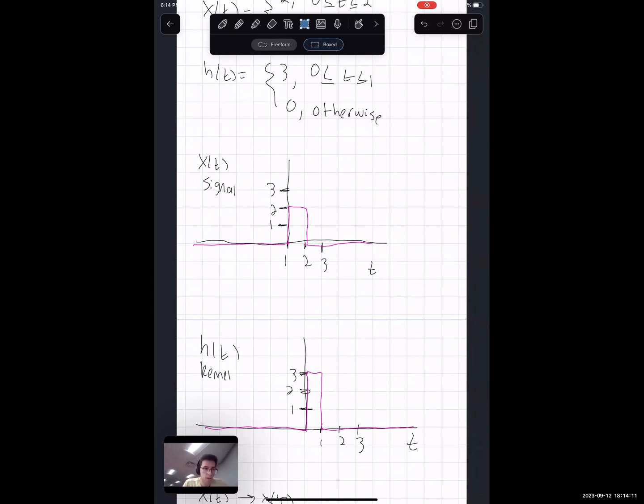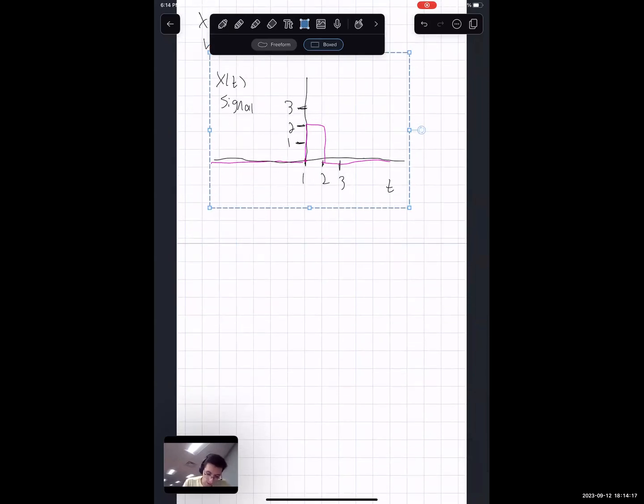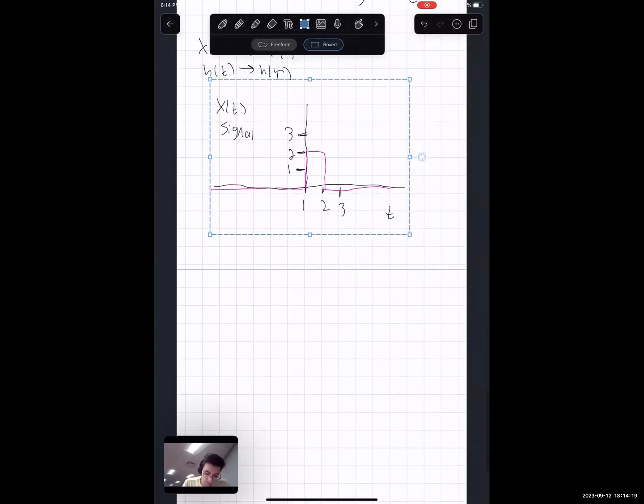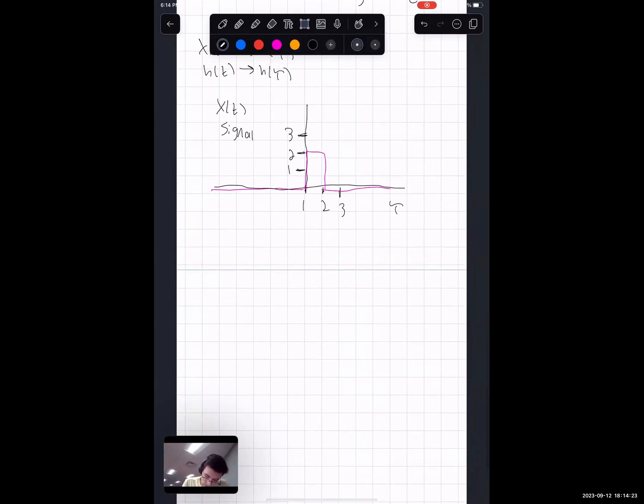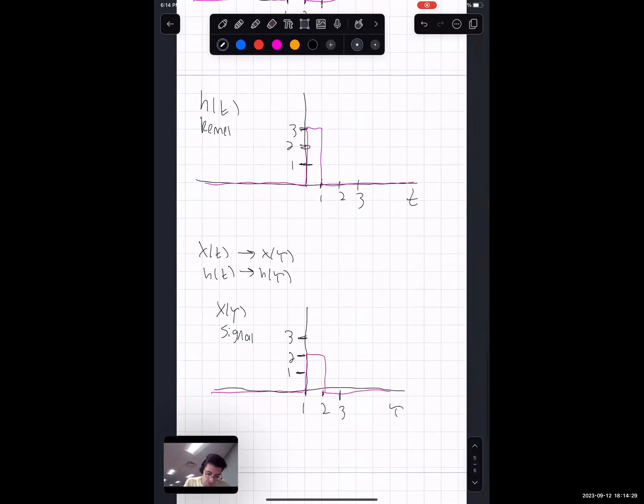So all we did was change the variable. It's like, instead of calling it t, we call it x, y, z. So we didn't really change anything about the properties of the signal. We just changed the variable that we're defining. So now this is no longer t, this is tau. Same for h of t.